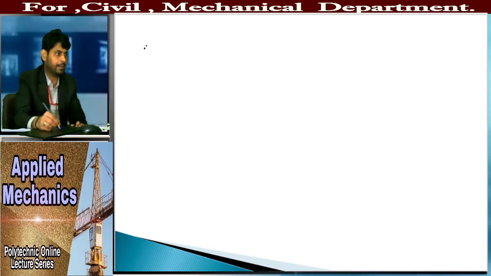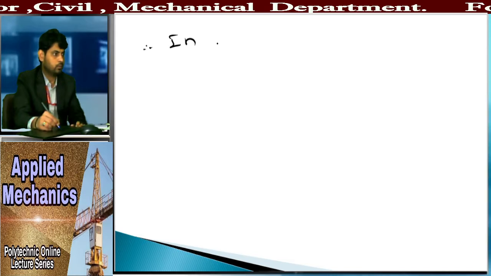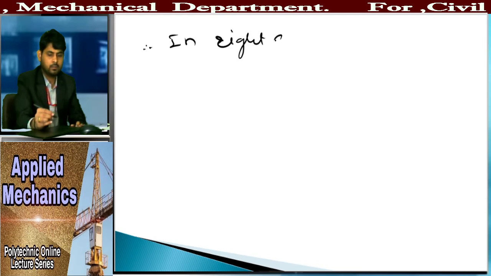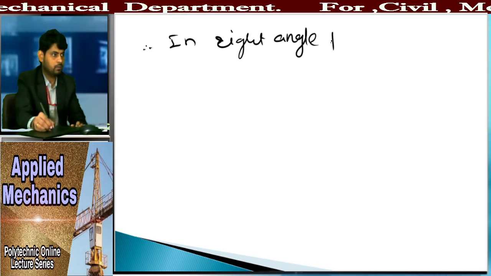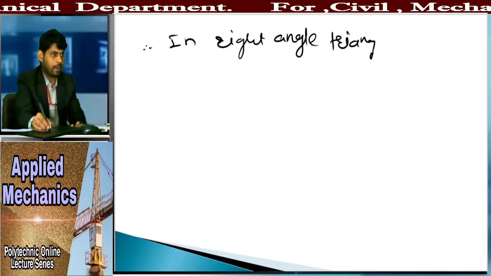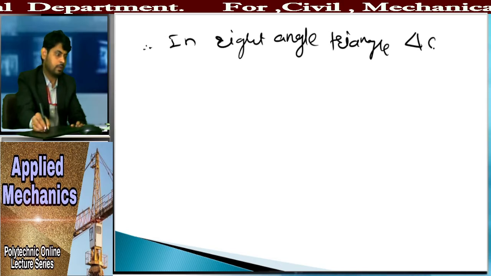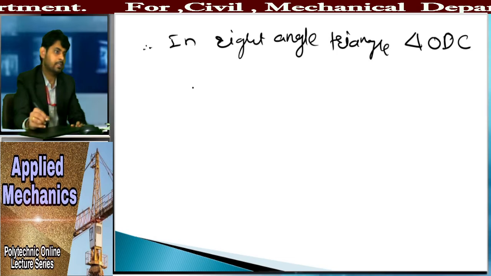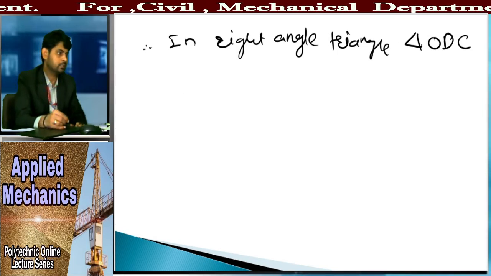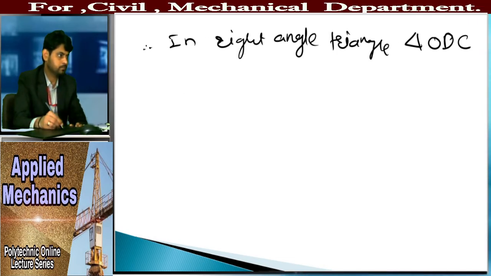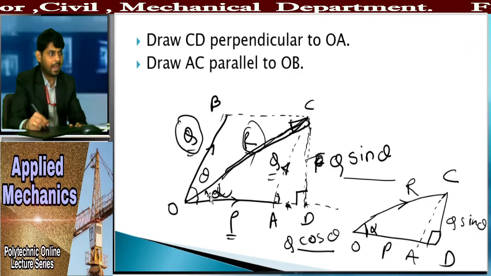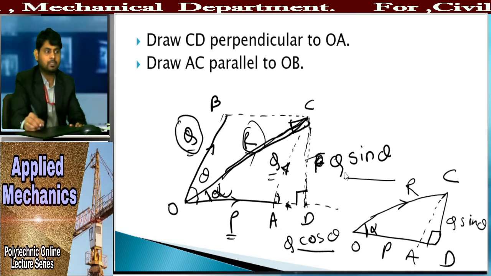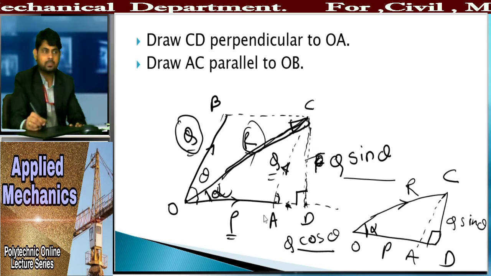So in the right angle triangle ODC, tan alpha is equal to, what is the value of tan? Tan is nothing but the opposite side upon the adjacent side, right?